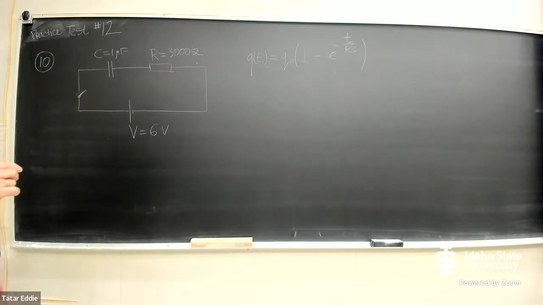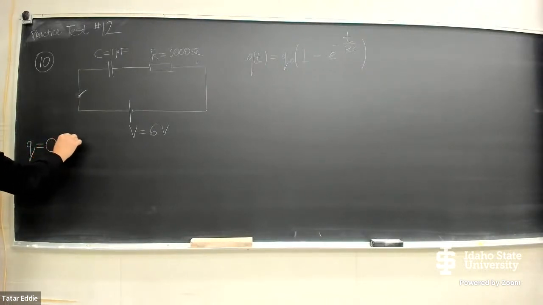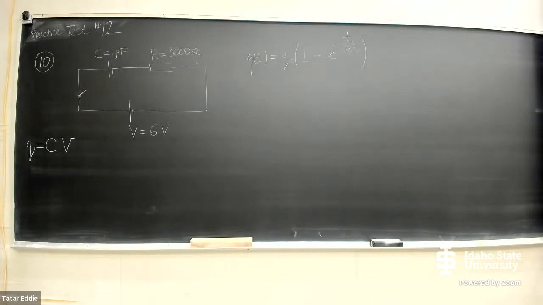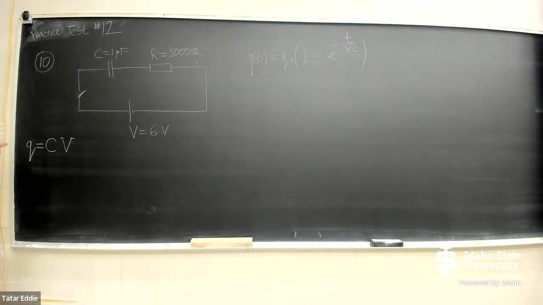So to figure that out, let's see what should be the maximum voltage. We have the charge, but they're asking for the voltage, right? So keep in mind that charge and voltage are connected. Charge is capacitance times voltage. So if the voltage is 3 point something, the amount of charge is the capacitance times 3 point something.